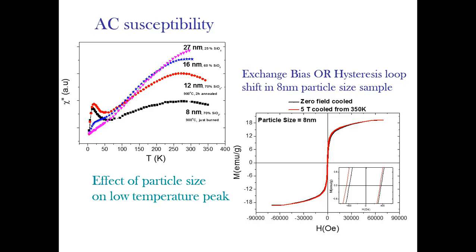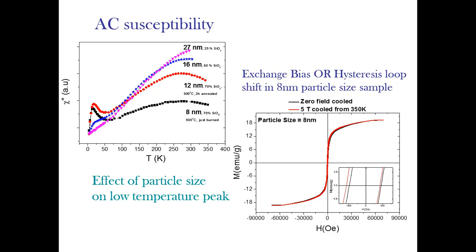So spin glass behavior is present in this scenario in the 8 nanometer and 12 nanometer systems, and the high temperature peak belongs to the blocking peak, and the low temperature peak belongs to the spin glass peak.